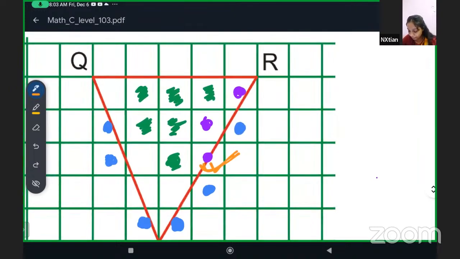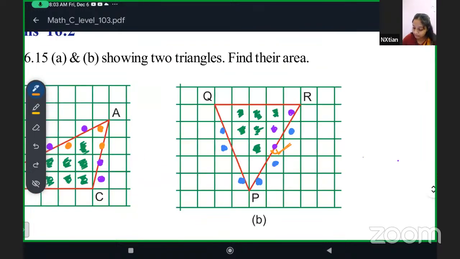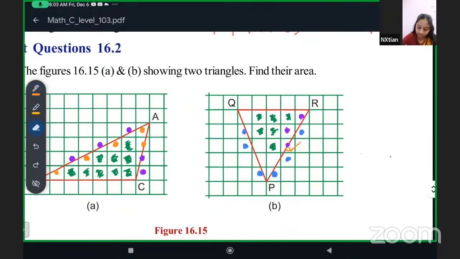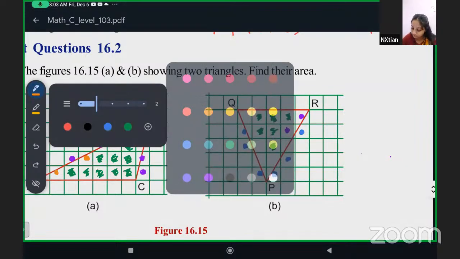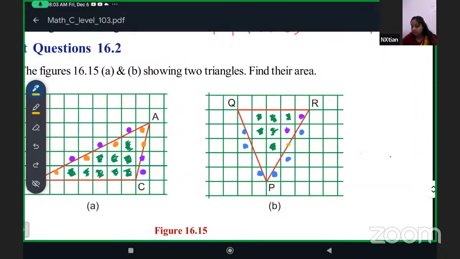Yes, same distance. I can see that now. So let's mark this one exactly half. Okay.